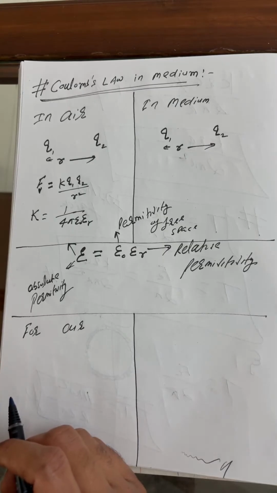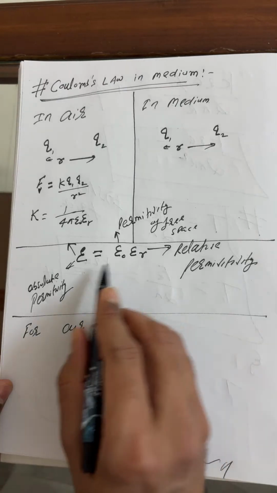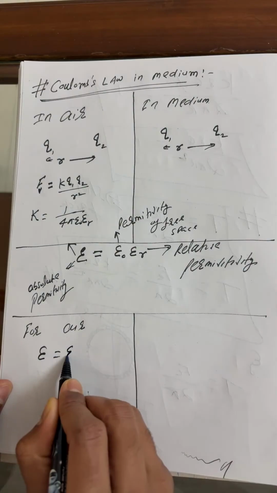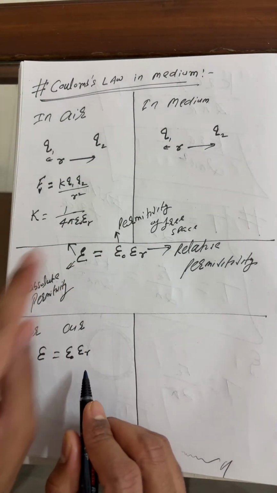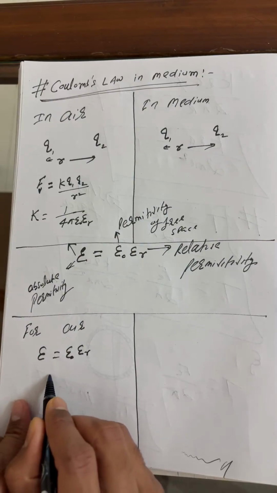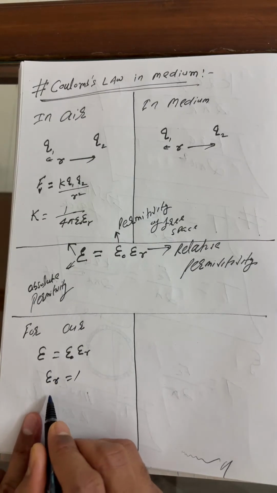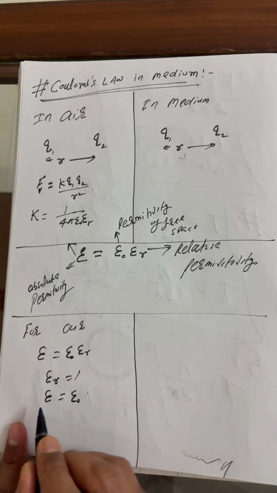Now for air, I know the formula: epsilon is epsilon naught into epsilon r. For air, you can take epsilon r equal to 1. So you can write epsilon equals epsilon naught.